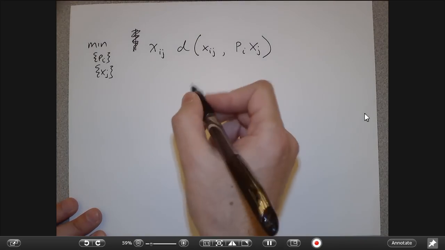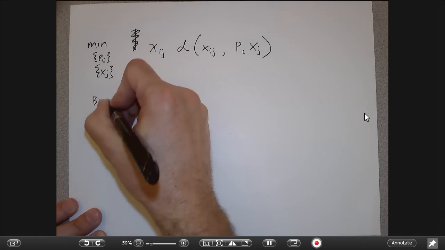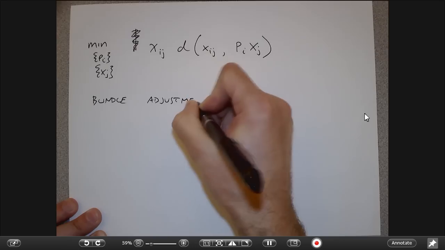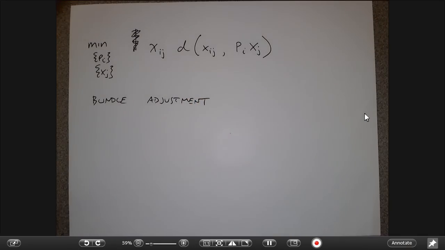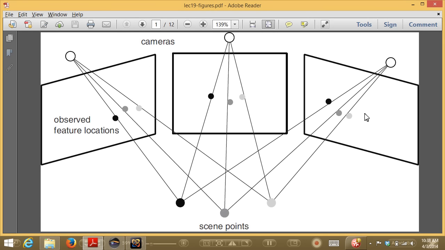And what I can do then is what's called bundle adjustment. We talked about this last time, where the bundles are these rays that are coming from the camera centers to the points in the world, and I want to adjust these bundles to line up as well as possible with the observed feature locations on the image plane.